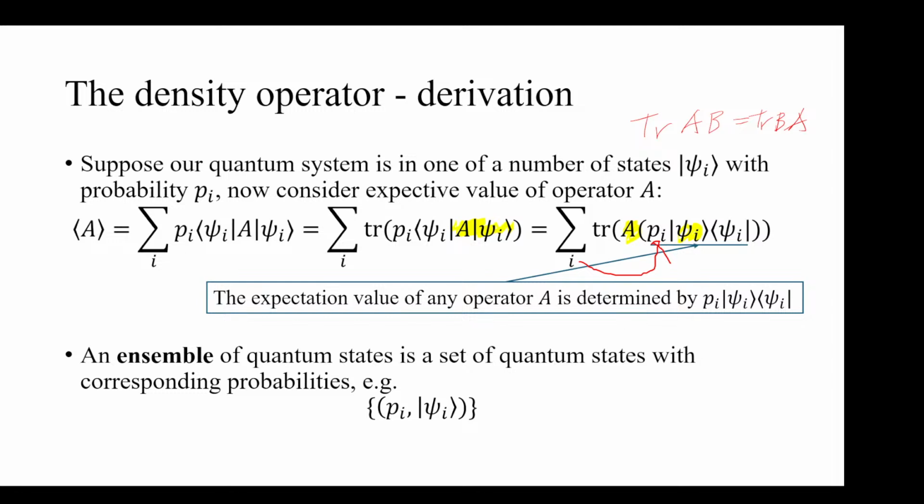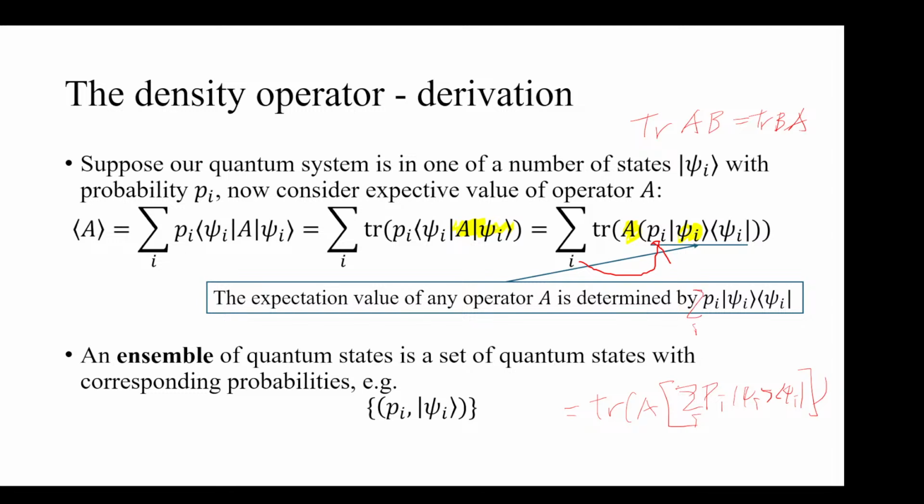We should really write one more equation here. This thing is also equal to trace of A times this quantity, the summation over i of pi times psi i ket psi i bra. Sorry for another typo here.